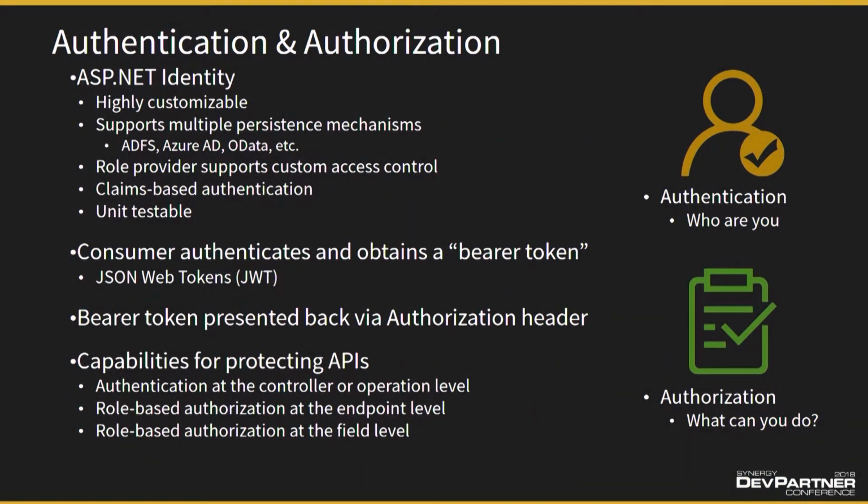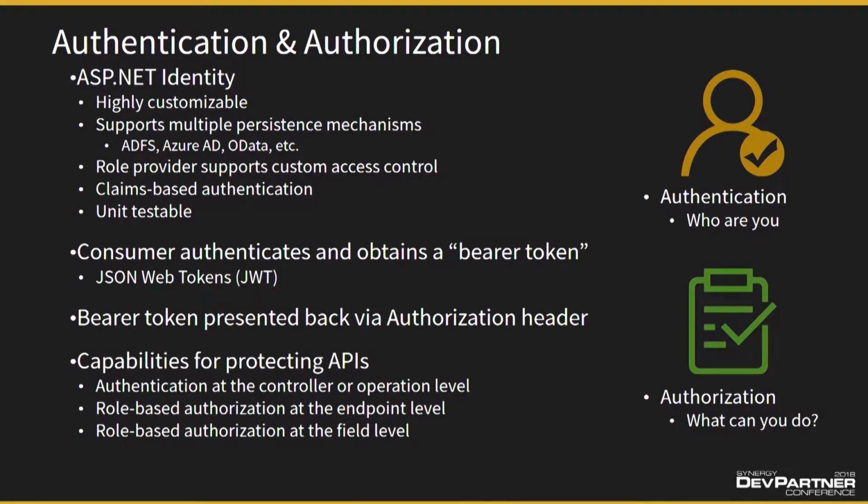So again, security is really important. One of the reasons for the SSH is because security is important. But on the actual front end of the web service, I am going to talk a little bit about how the security actually ends up getting implemented. So we're using ASP.NET Identity. It's very, very customizable. There are a lot of different persistence mechanisms and providers.